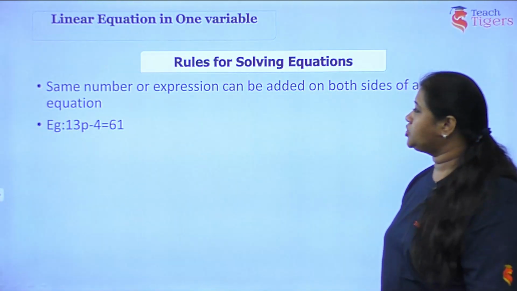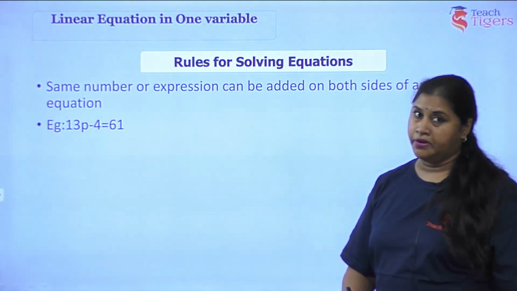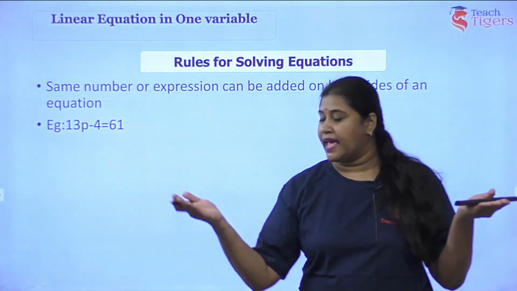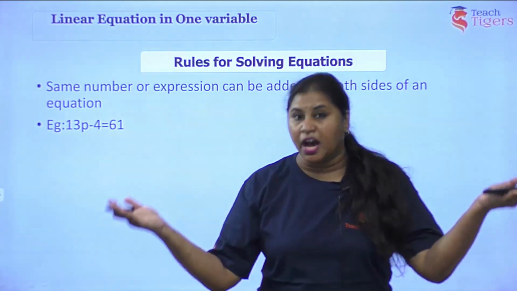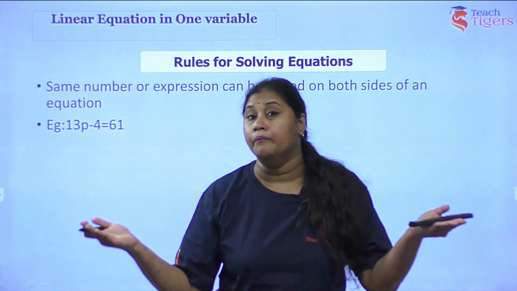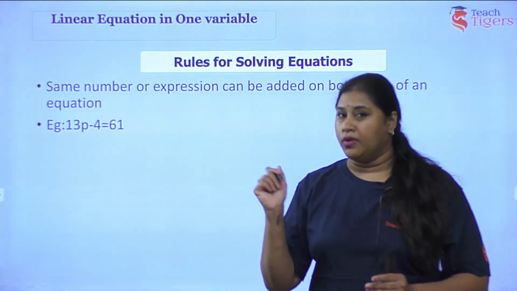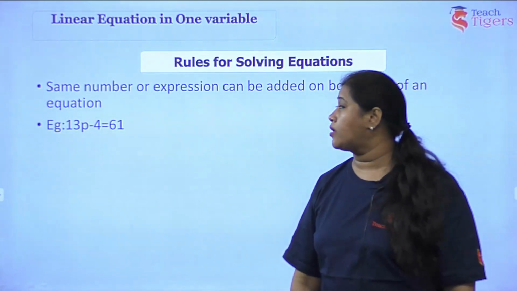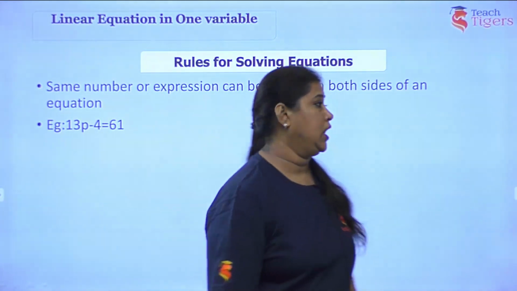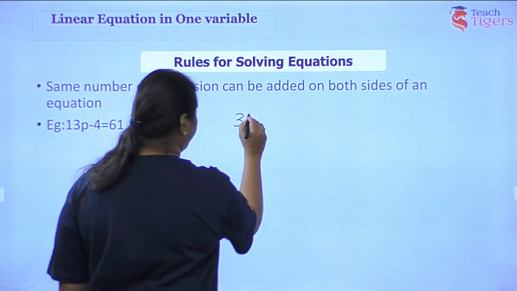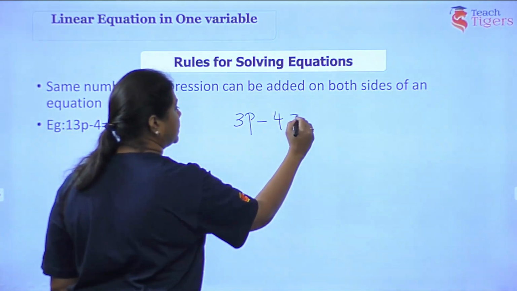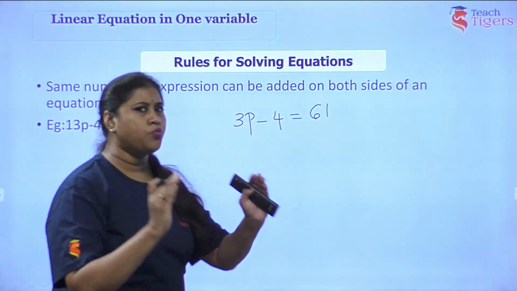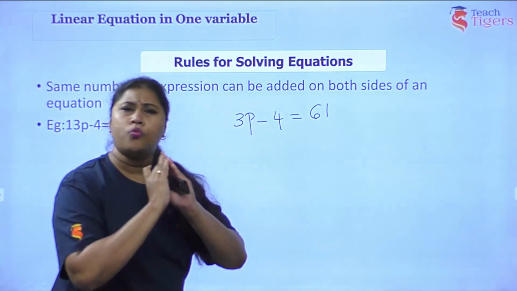First rule: the same number or expression is added on both sides, that is LHS and RHS. Now let's check out an example: 3p minus 4 is equal to 61. I just want my p, I don't want anything else.